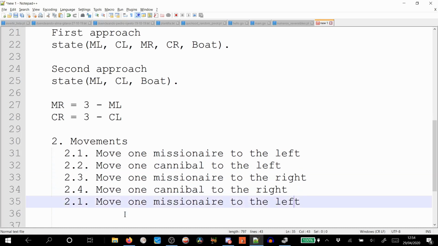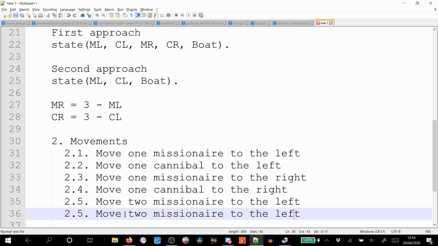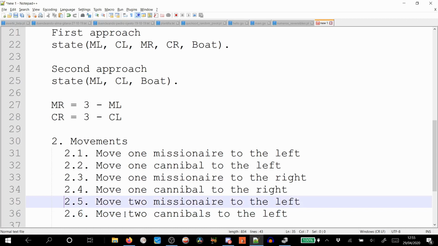So 1 missionaire to the left, and now 2 missionaire to the left. How many movements can we have in this way? 2 missionaire to the left, 2 cannibals to the left, and to the right, and the same, copy the same twice to the right.